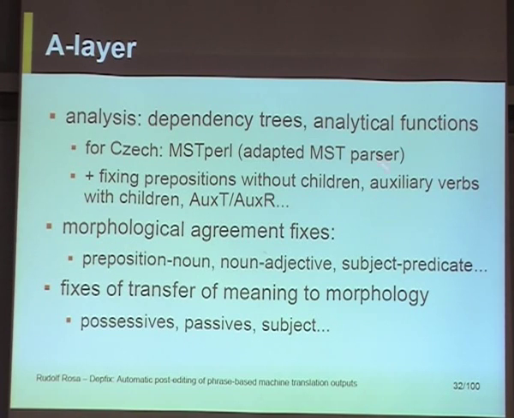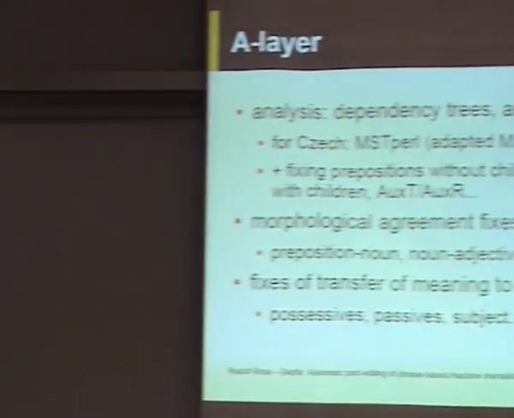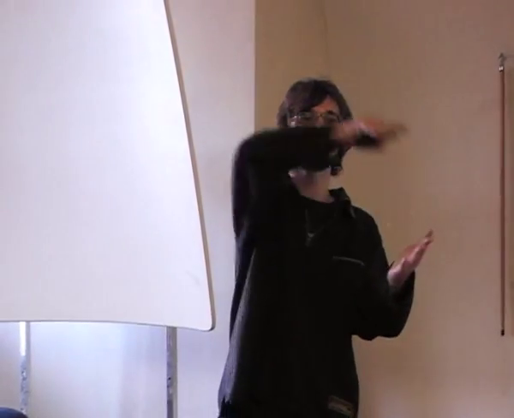And again, we need to do some fixes of the outputs of the parser, because often it happens that, for example, we get preposition nodes that do not have any child nodes, which is in 99% of cases wrong. But because we know the English source sentence, we can go through the word alignment to the English source sentence and try to find which words belong to those prepositions and move them to the prepositions where they belong.